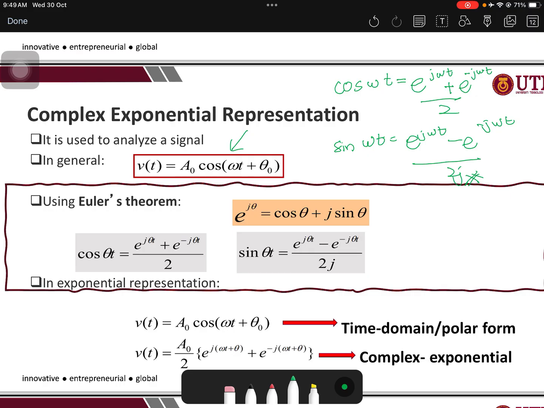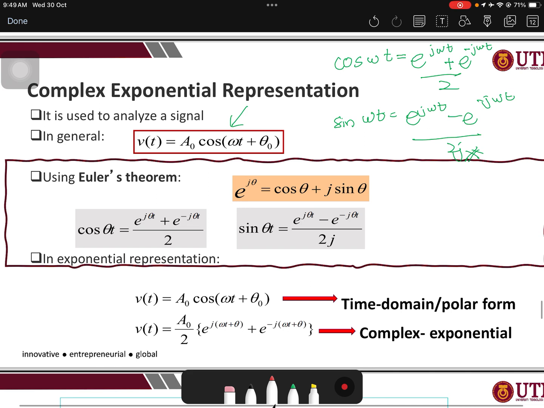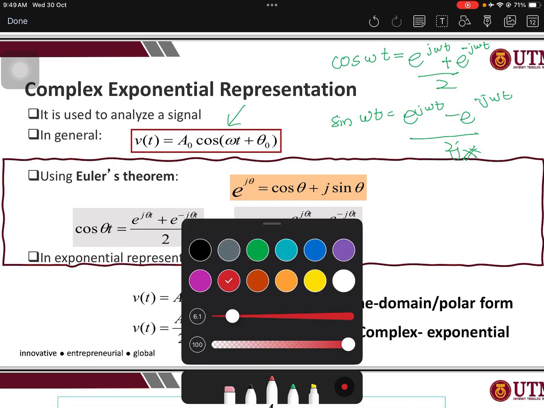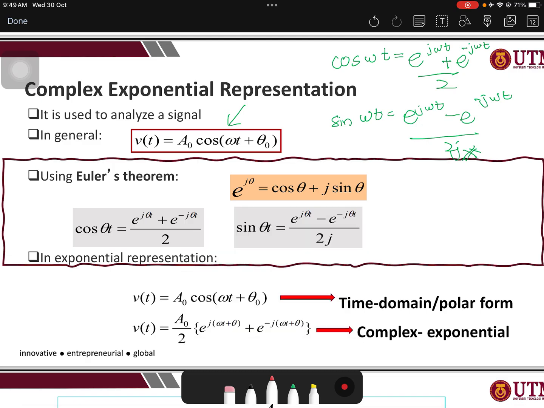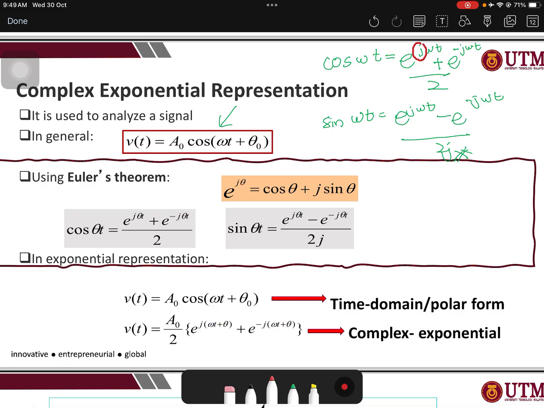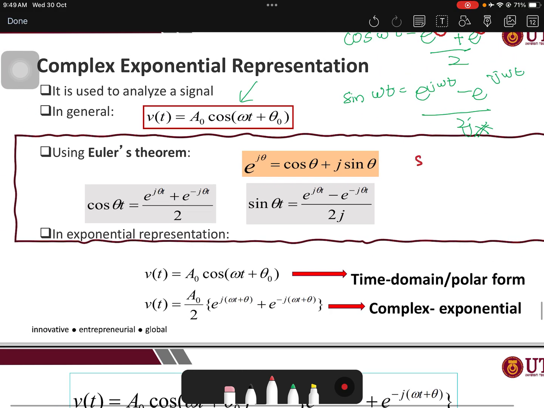Now from here, if you convert from the trigo to the Euler or complex exponential, you can see there is a double-sided representation in which you have the positive j and the negative j. So from the complex exponential representation, you can draw a double-sided signal.